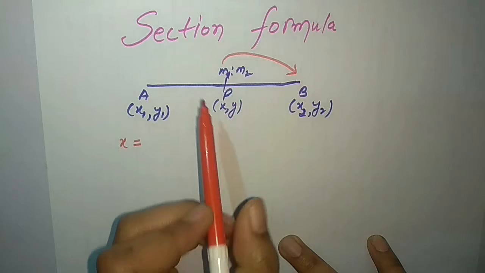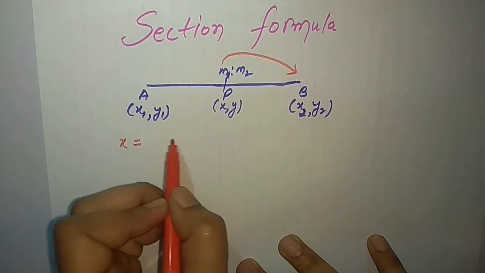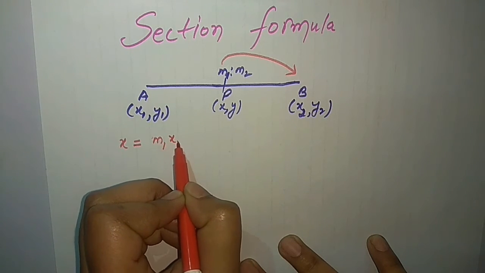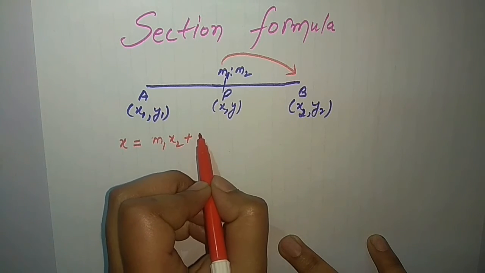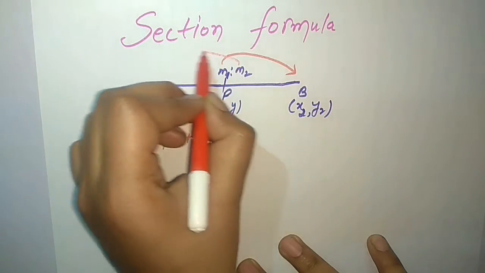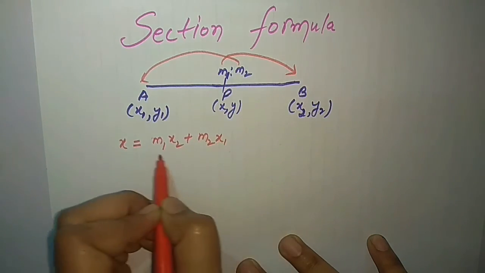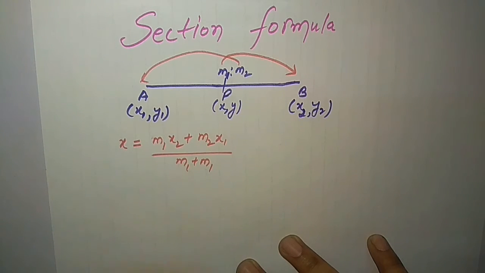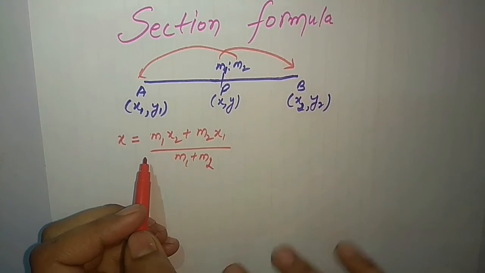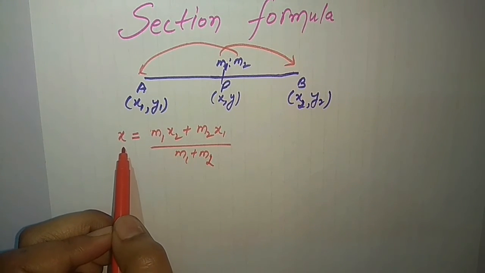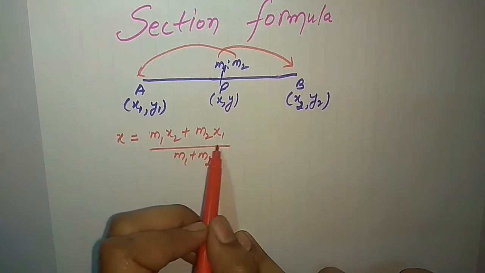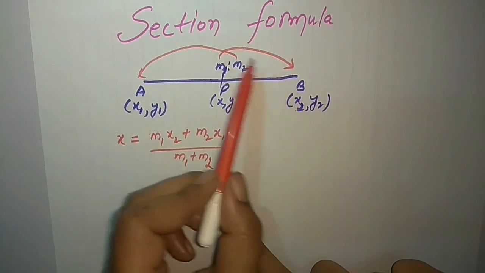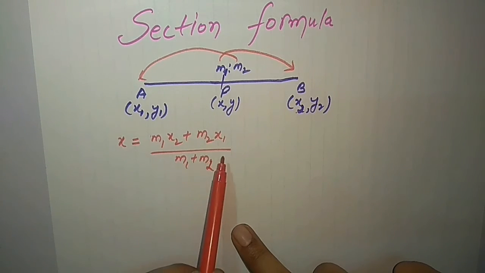M1 will multiply by this first. x is equal to M1 x2 plus M2 x1 upon M1 plus M2. Now we are talking about x coordinates, so here we write only x coordinates: M1 x2 plus M2 x1 upon M1 plus M2.